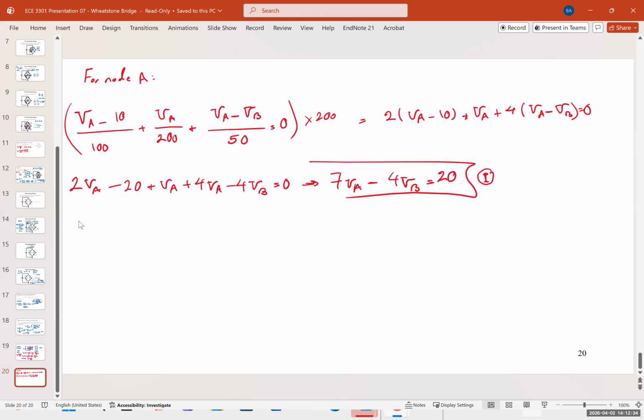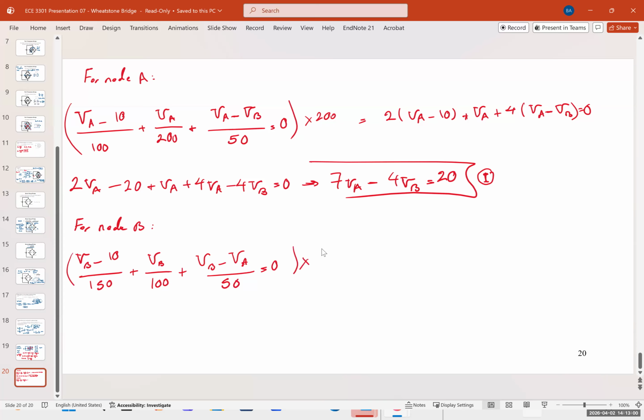Now our second equation, it's for node B. It's just going to be VB minus 10 over 150 plus VB over 100 plus VB minus VA over 50.